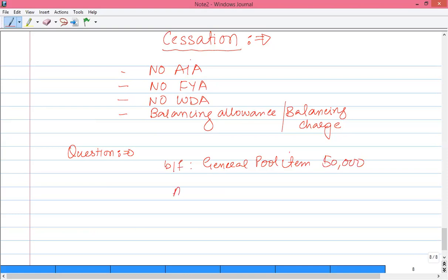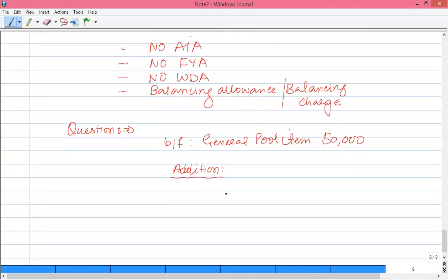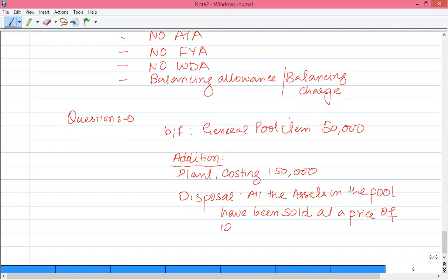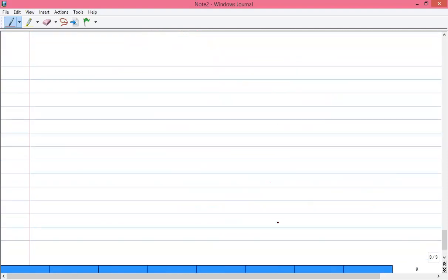Now we have an addition: we have purchased a plant costing 1,50,000, and then all the assets in the pool have been sold, including the above plant, at a price of 1,20,000, and the selling price is lower than the cost.